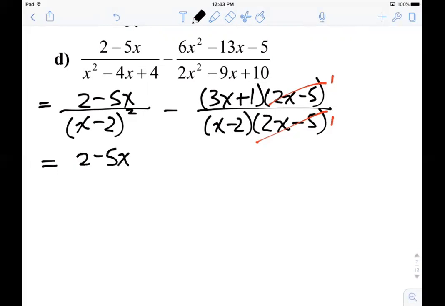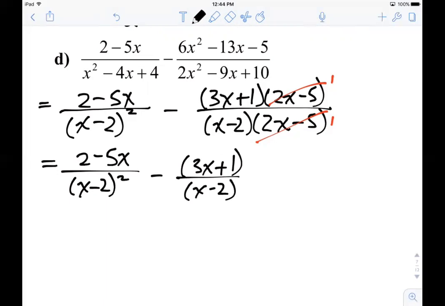You can write this in a simpler way now. And really, I don't even need to put the top and the bottom in brackets anymore. I did just sort of out of habit, but you can leave them off when you only have one factor on top and one on the bottom.